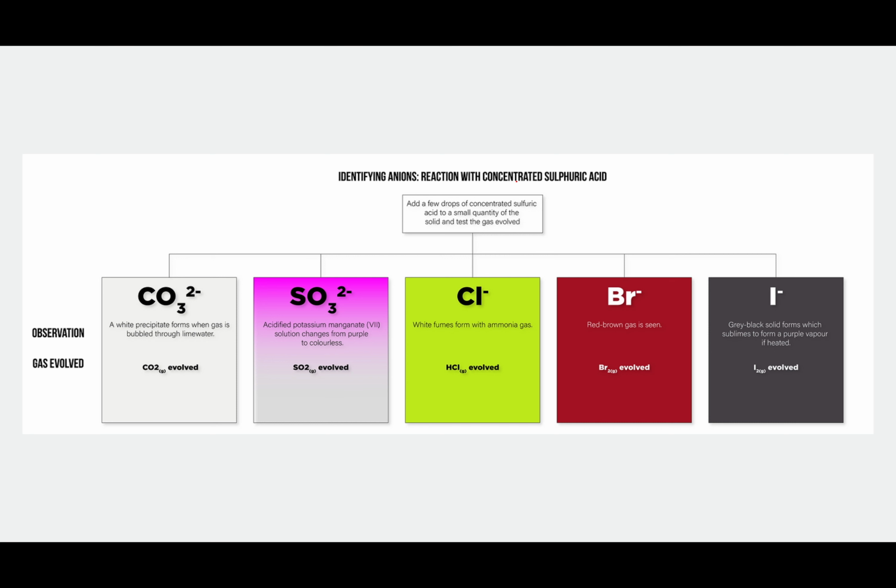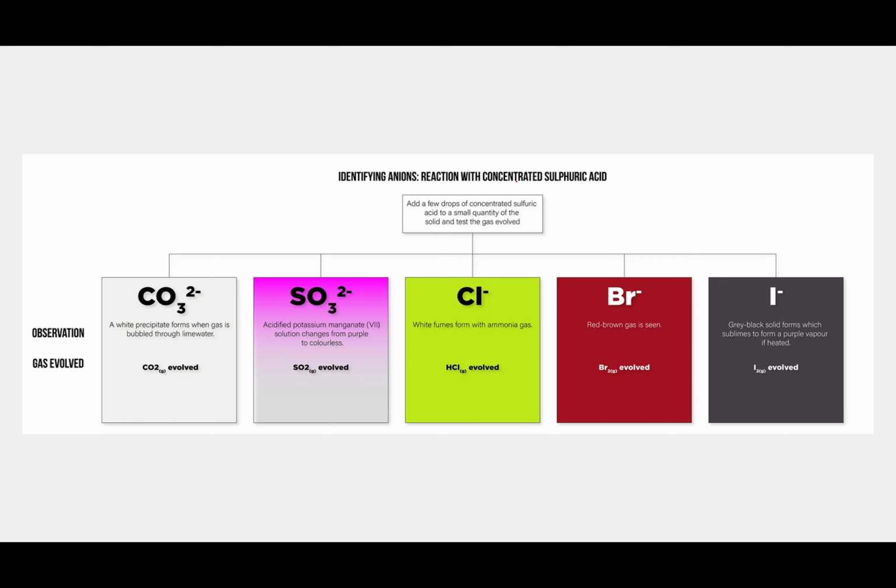When we react chloride ions with sulfuric acid, we get hydrogen chloride coming off, right? And when we react hydrogen chloride with ammonia, we get ammonium chloride, which is a white fume, right? That has a pungent smell.